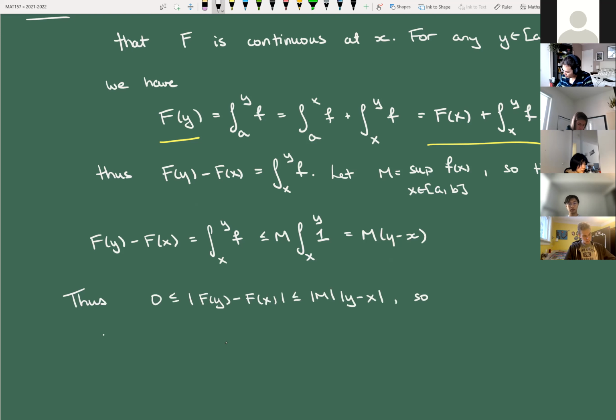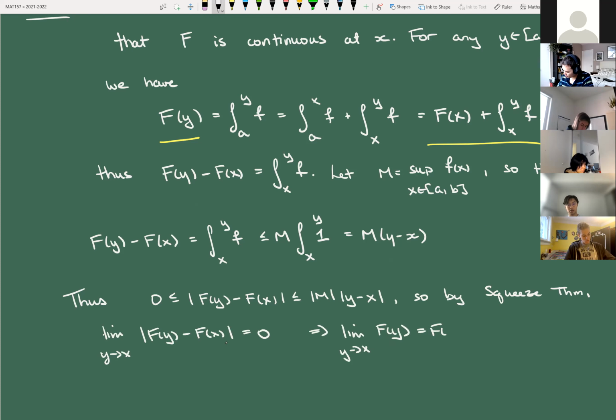And so by squeeze theorem, the limit as y approaches x of F of y minus F of x is equal to 0, which in turn implies that the limit as y approaches x of F of y equals F of x. And that's what we wanted to show, right? F is continuous.